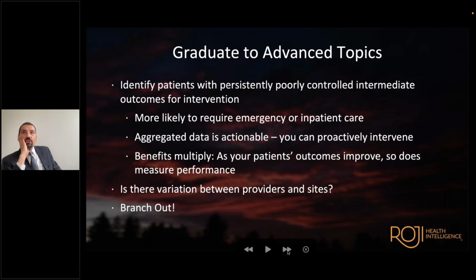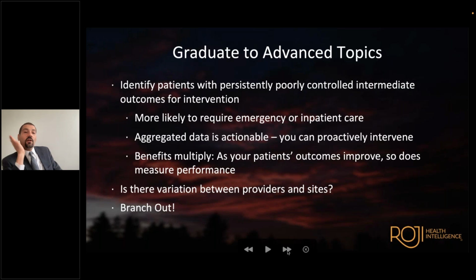The data is actionable because you know that these patients have, let's say, a high hemoglobin A1C, and they have not been to the nutritionist that you have referred them to. The benefits are going to multiply. So as your patients' outcomes improve, so does your measure performance. If you are able to target certain sets of populations that have a certain clinical subset, like say there hasn't been any change to their medication, they haven't been referred to a specialist to help manage.